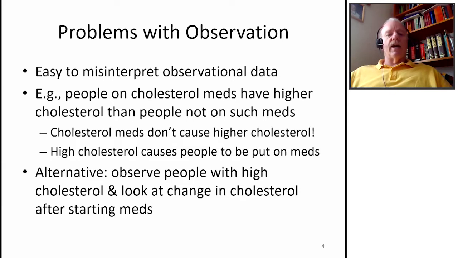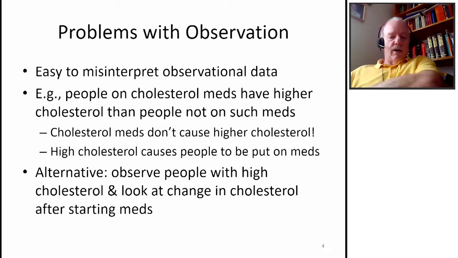But that doesn't mean that the cholesterol medications cause the higher cholesterol. That means that the people with the highest cholesterol were the ones who were put on the cholesterol medications. So it was the high cholesterol that caused them to be put on medications. It wasn't the medications that caused the high cholesterol. And so most people would realize there's a problem with that.